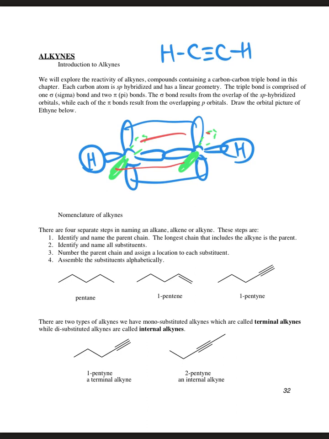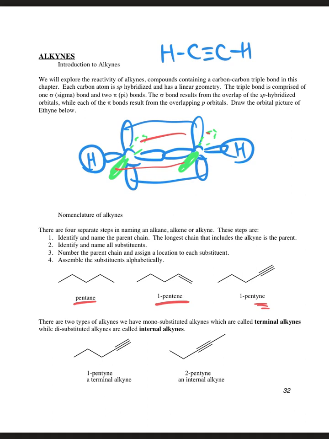Okay. So we know how to name things. Pentane has 5 carbons, it's an alkane. If we have an alkene, it's 1-pentene if it's on the end, 2-pentene if it's on the second carbon, and so on. And if we go to a triple bond, they end in Y-N-E for the alkyne.